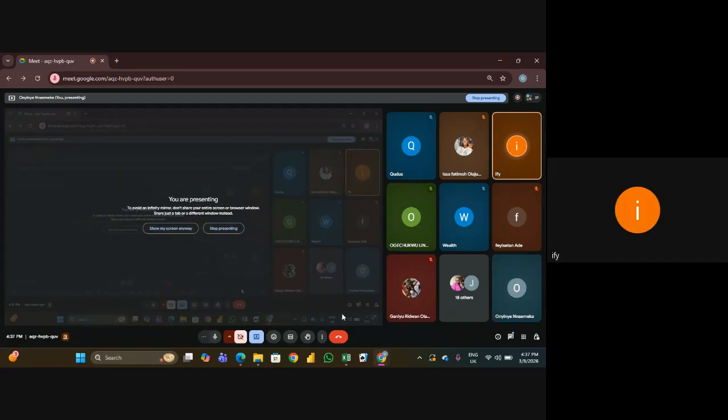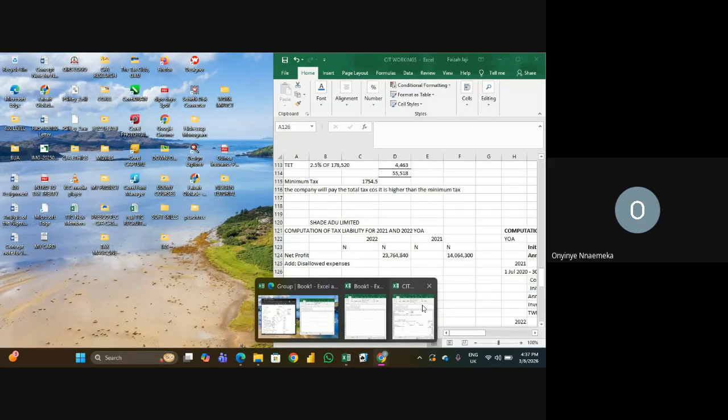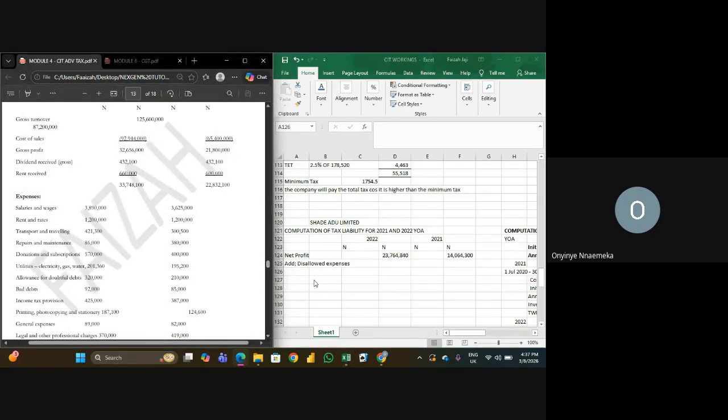No, I said disallowed because if you don't make a provision, the tax people will add it back. It's not like we don't make provisions. No, we have provision for doubtful debt. Specific one is allowed, you know. For these particular expenses, when you are providing for income tax, it's more or less like you are removing your income tax from your expenses, which is not allowed.